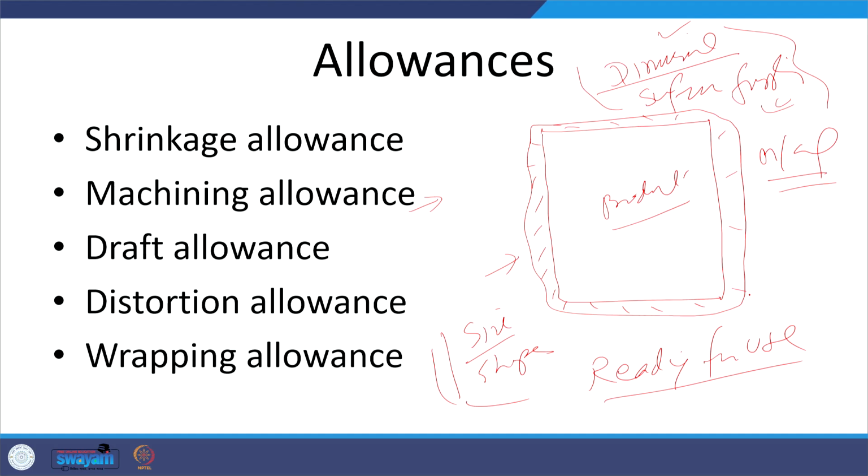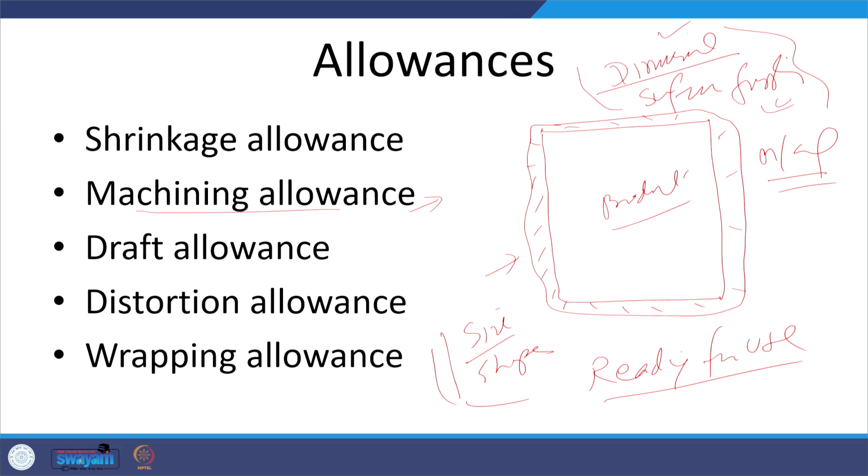We provide the machining allowance to the pattern so that the pattern is a little larger, and using that mold, the casting is also larger. So we first make the pattern of larger size, then we get a larger mold, then a larger casting.